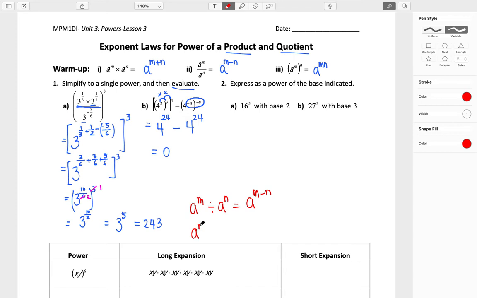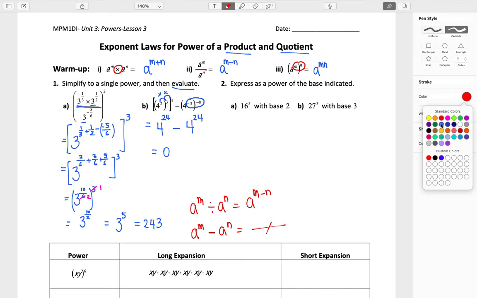However, a to the m minus a to the n, you can't simplify it, even though it's the same base, because there's a subtraction there. You cannot simplify any further. Exponent laws only apply when you are multiplying the same base, or dividing the same base, or with a power of a power right beside each other.